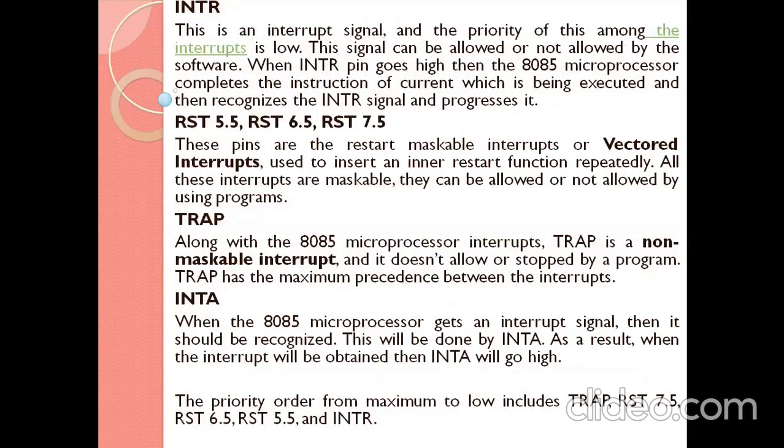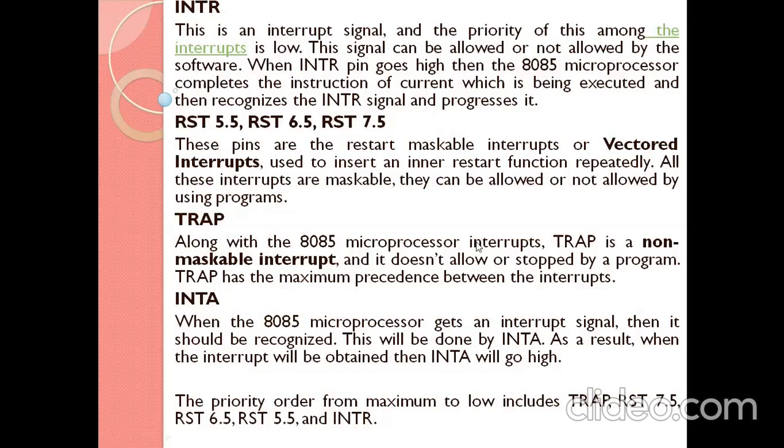Next one is interrupt. Interrupt is a signal given to the microprocessor to perform a task. There are 5 types of interrupt available: INTR, RST 5.5, RST 6.5, RST 7.5, and TRAP.